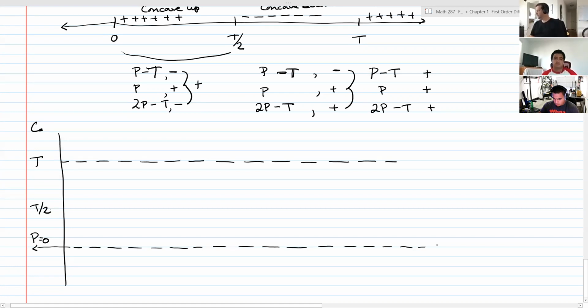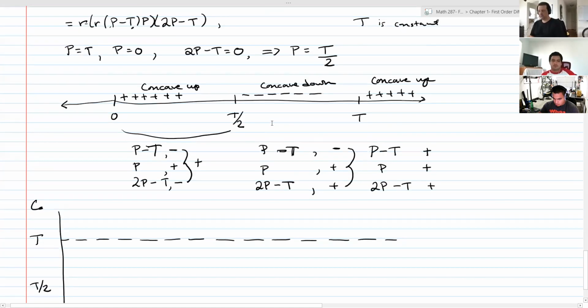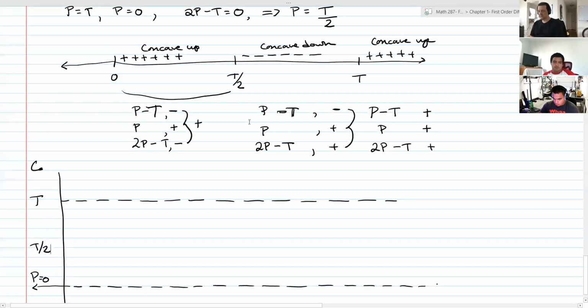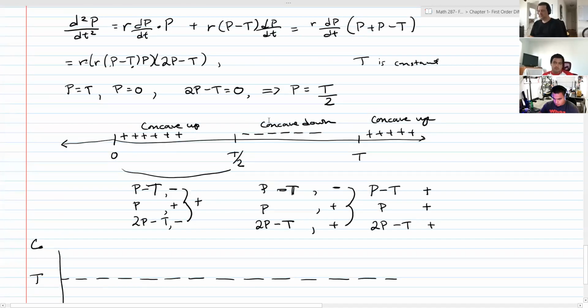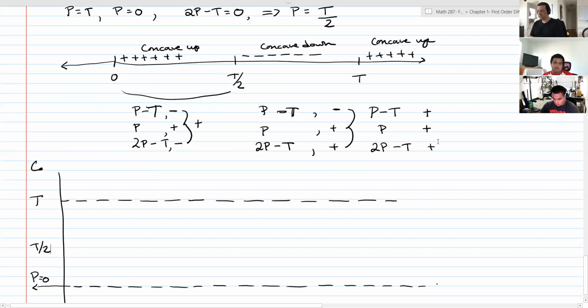For the sake of our conversation, make sure that you do understand this. What we have here is it's increasing above the threshold, and it'll be decreasing below the threshold. And we have our changing concavity.